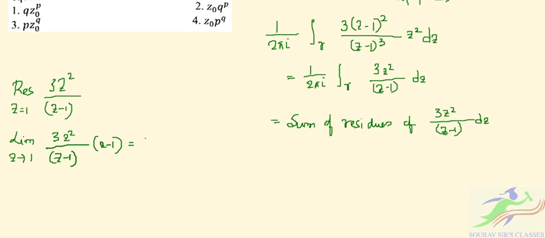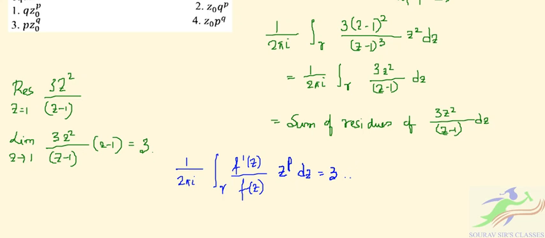So the value of the residue will be 3. So here 1 by 2 pi i integral of f prime z by f z times z to the power p dz is equal to 3.